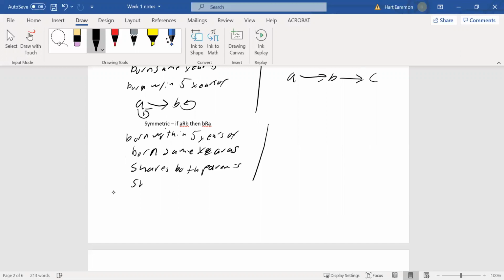Shares one parent. What else is symmetric? Lots of things will end up being symmetric. If I wanted to generate a graph that has this, then the simplest interesting one would look something like this.